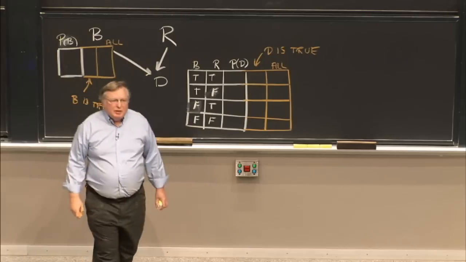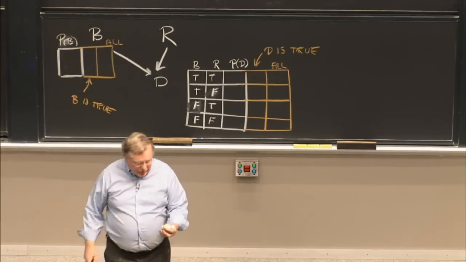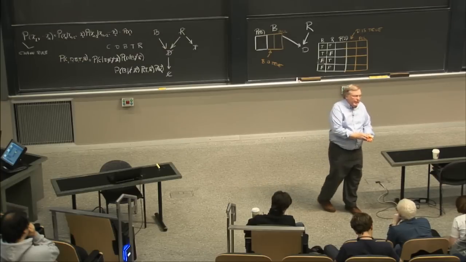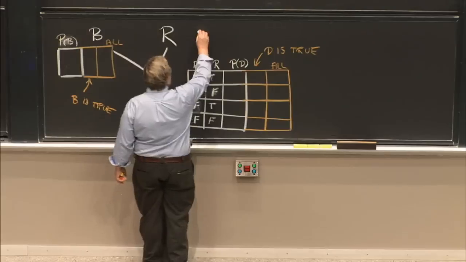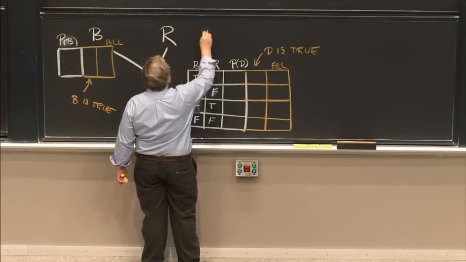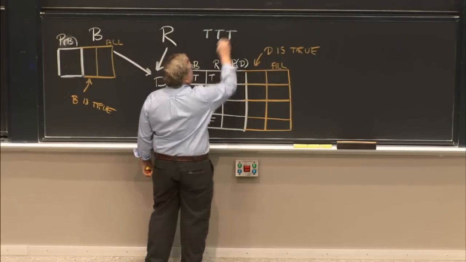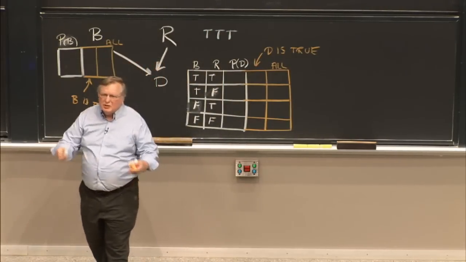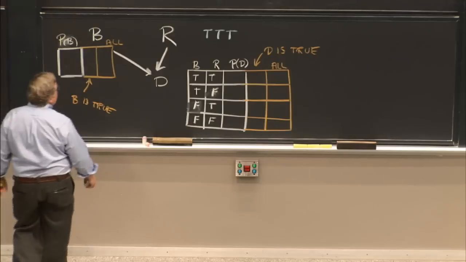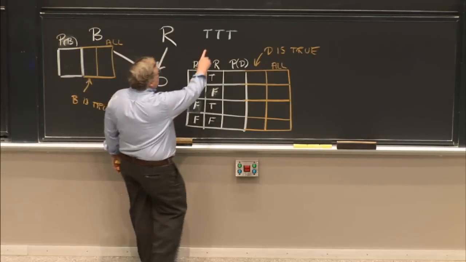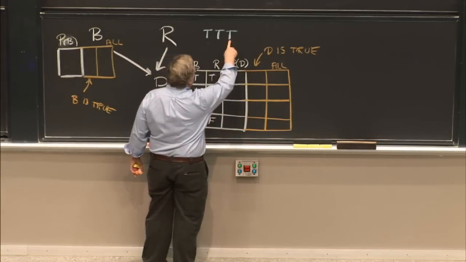So that's my setup. And now suppose that my first experiment comes roaring in and it's all T's. So I have T, T, T. That's my first experimental result, my first data item. The arrangement here is burglar, raccoon, dog.